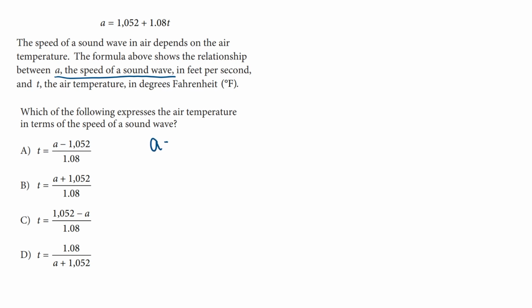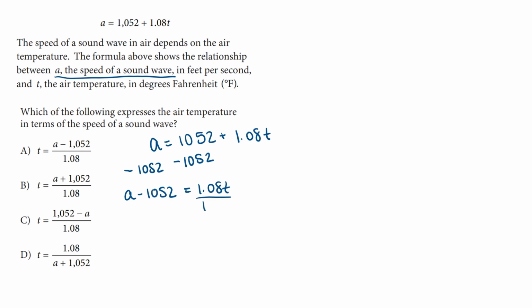If we have A equals 1052 plus 1.08t, we need to solve for t so that this can be in terms of A. So we'll start by subtracting 1052 from both sides. And A minus 1052 is equal to 1.08t. And then divide both sides by 1.08. So we get t is equal to A minus 1052 over 1.08.